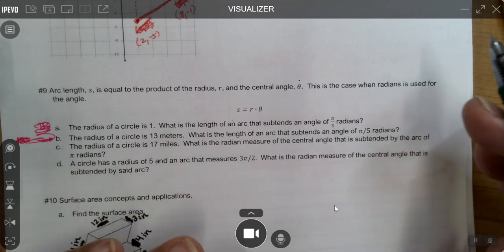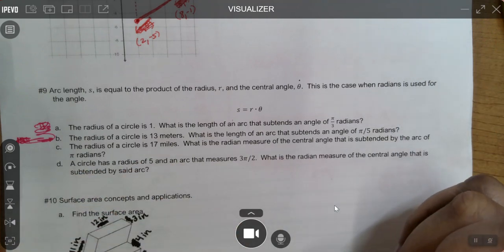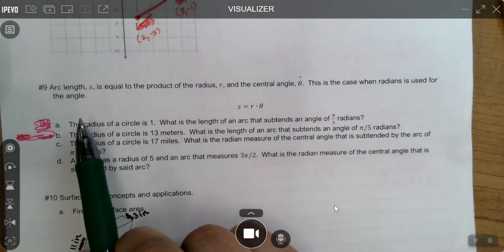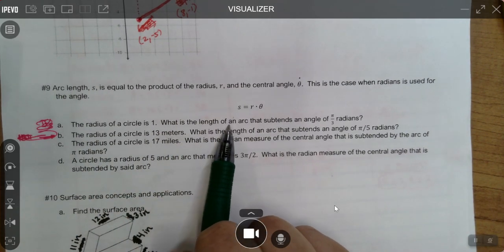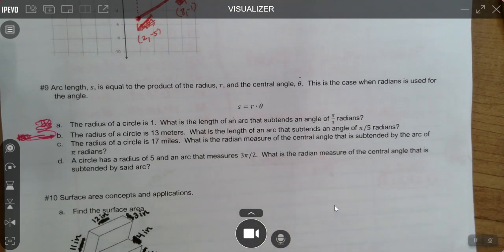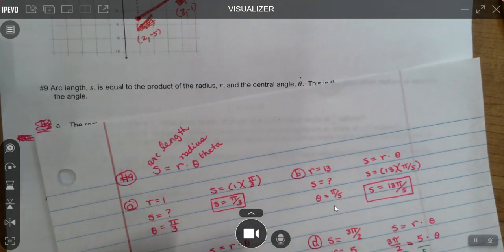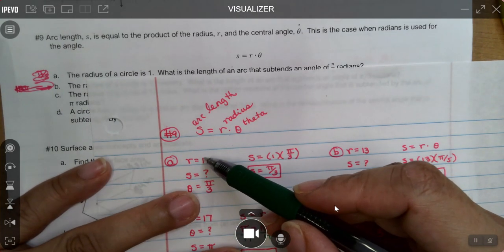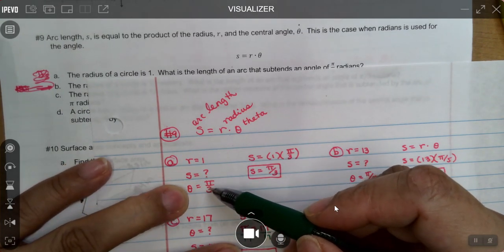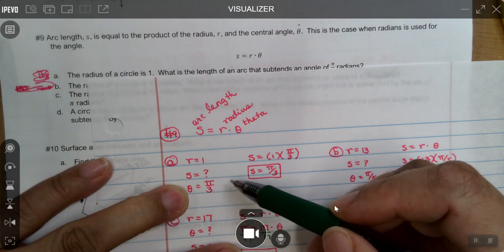So you don't really have to worry so much about it, but just so that you know. The radius is 1. What is the arc length when the angle is pi-thirds?